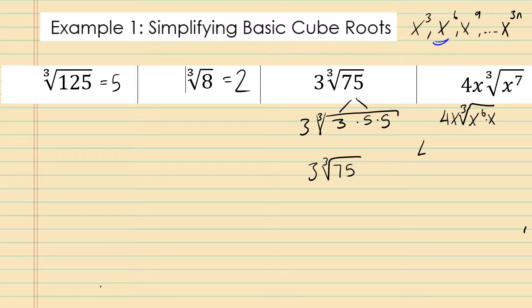We will have 4x times x squared times cube root of x. The x squared came from taking the cube root of x to the 6th power. Finally, we can write 4x cubed cube root of x as our final answer.